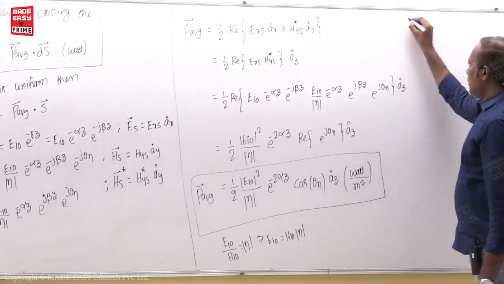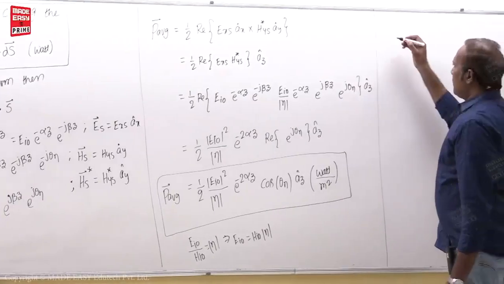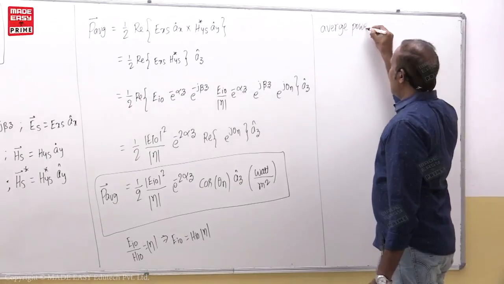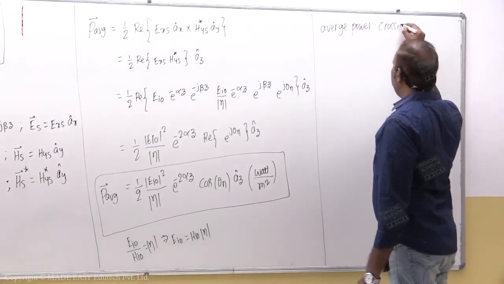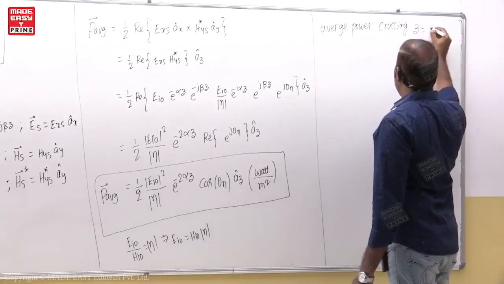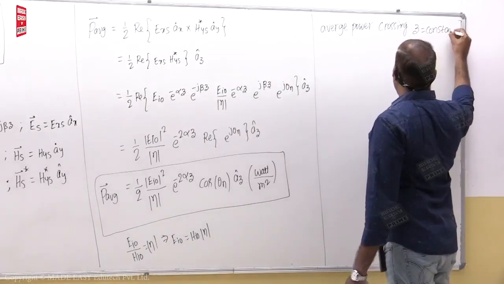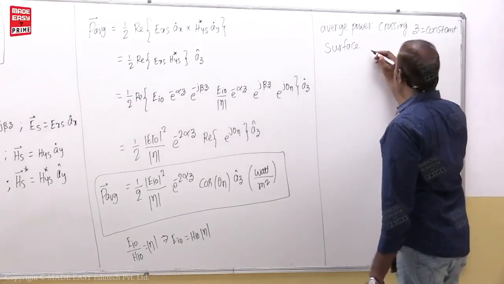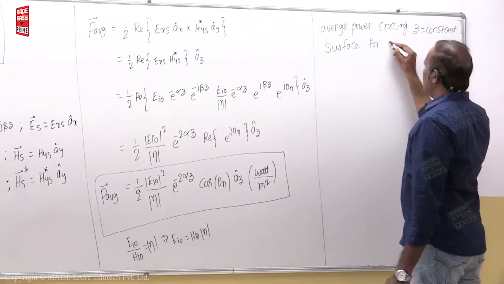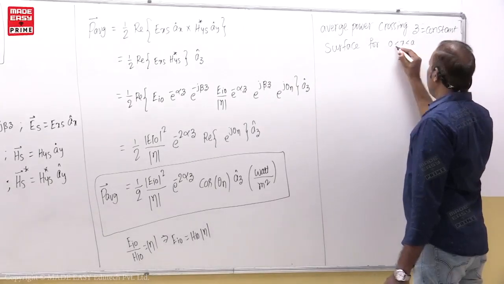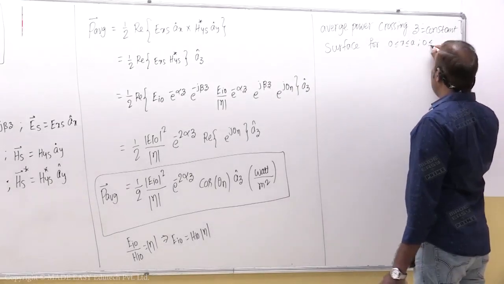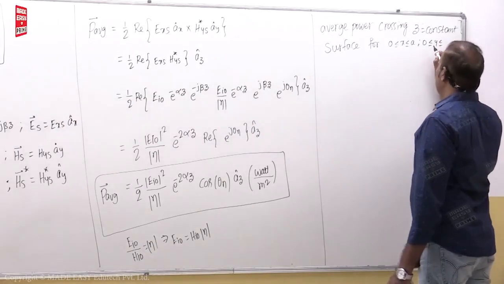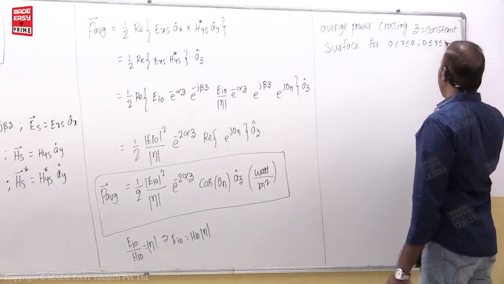Now, average power crossing z is equal to constant surface, for 0 less than or equal to x less than or equal to a, 0 less than or equal to y less than or equal to b.